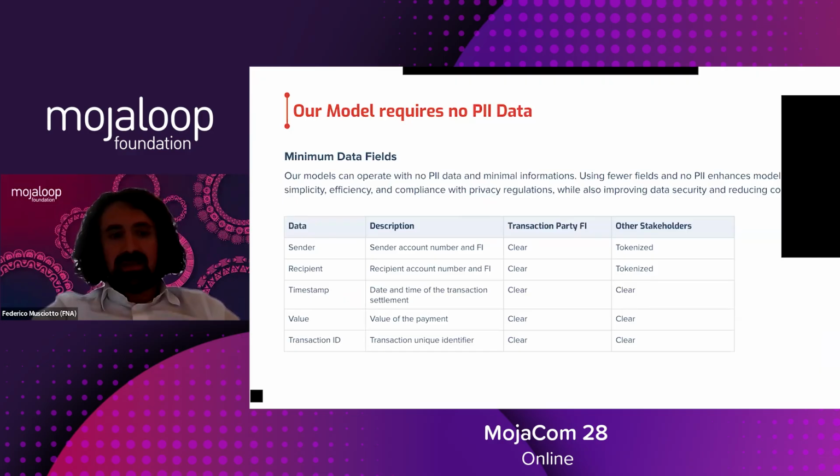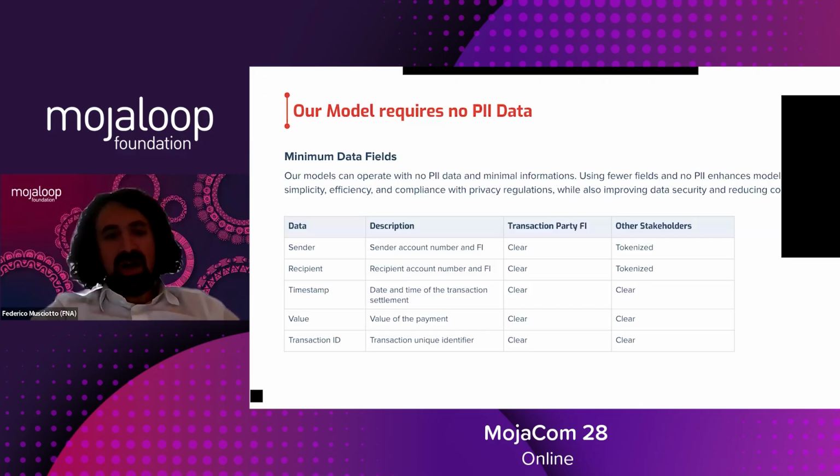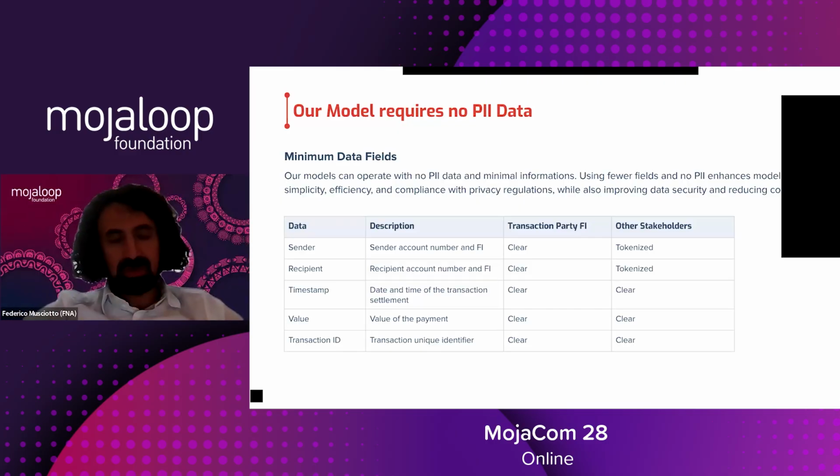So we train our model to work on the minimum number of fields possible that still allow us to consider a payment, and that still allow us to build a network around each payment. If you put all these payments together with all these fields, you generate a network that is a very powerful object to enrich your fraud detection capability.